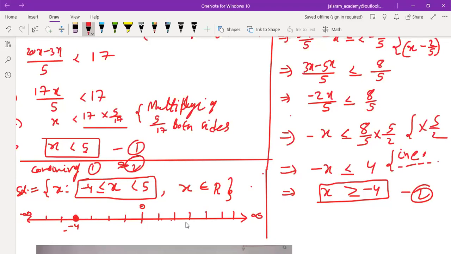Minus 4 included. 1, 2, 3, 4, 5. 5 excluded. And draw a thicker line and shade all the points. Means all the points between minus 4 to 5 will be the answer, excluding 5 only. Draw using pencil only, as I have said earlier.